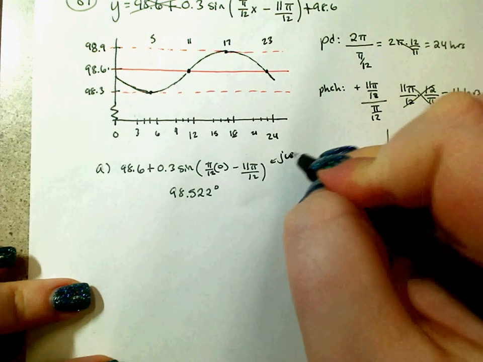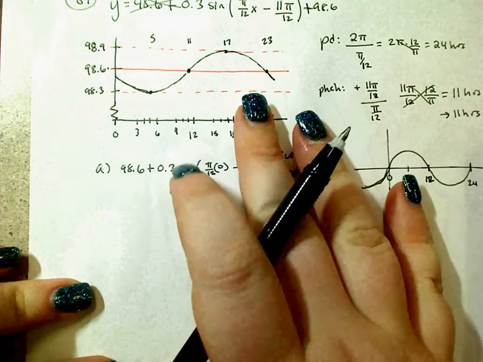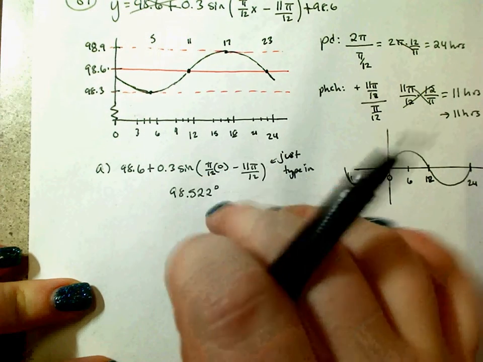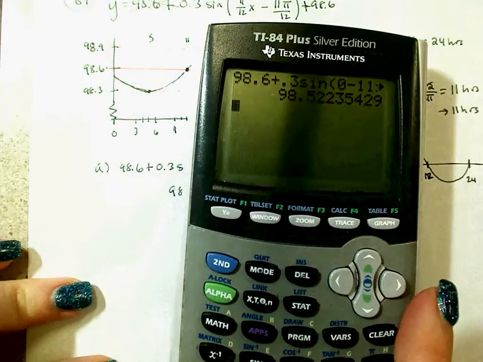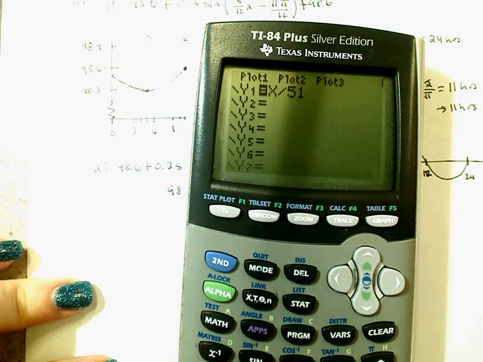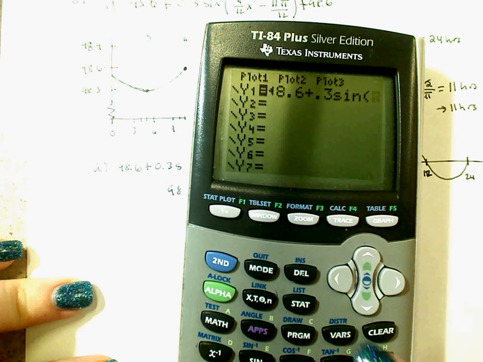Now, I just explored all that without a calculator, but if this is a calculator question, could you just graph this and say, okay, 98.6 plus 0.3 sine of pi divided by 12 x minus that 11 pi divided by 12.